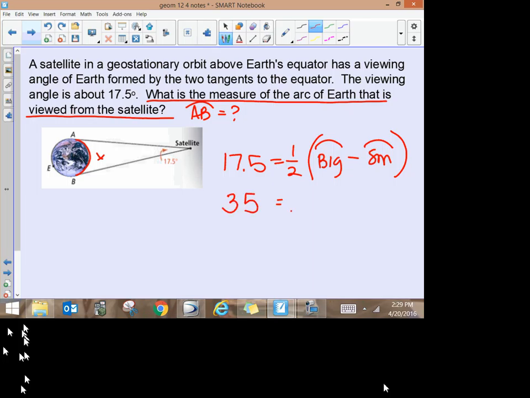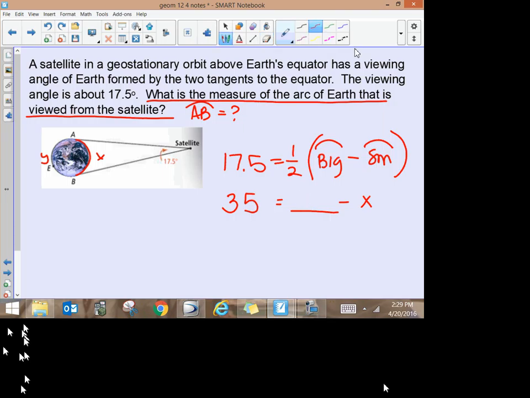I don't have a big arc, but I know my smaller arc is going to be called x. Who knows what we're going to call the big arc? All of those are correct, but what are we going to do here with y? We're stuck with two variables. There's a better thing to do. You could do that, but it'd be a roundabout way.